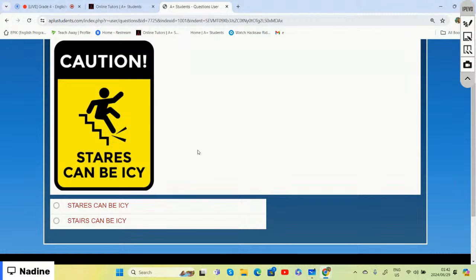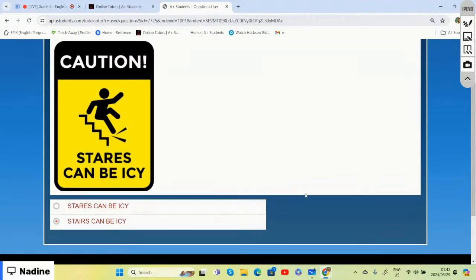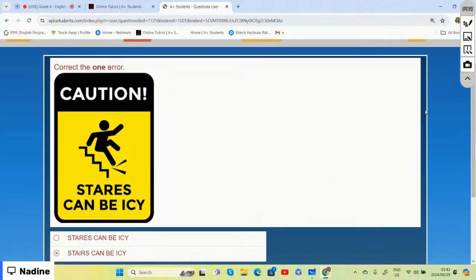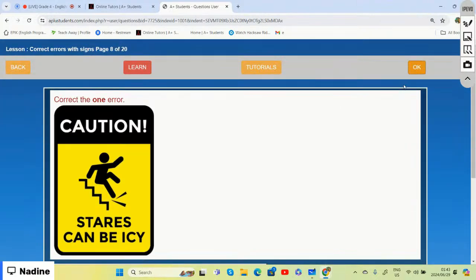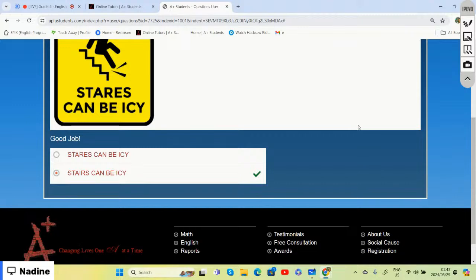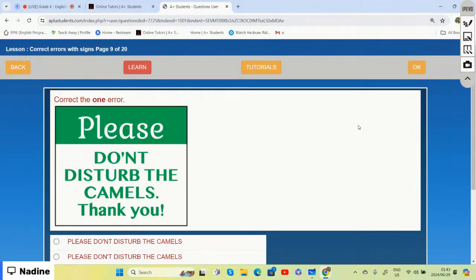Because we do not add the E and we have to add an I between the A and the R. So it will be stairs, which is option two, can be icy. So well done. Option two is correct.